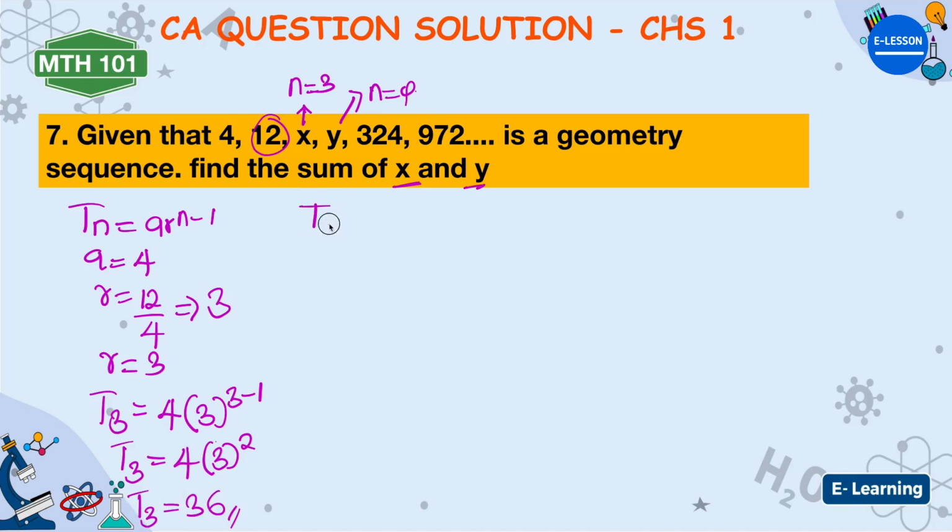Now let's look for T4. T4 will still follow the same. First term is 4. The common ratio is r. The n is equal to 4 for the fourth term. So T4 will be equal to 4 bracket 3 to the power of 4 minus 1. 4 minus 1 is what? 3. 3 raised to the power of 3 is what? 27.